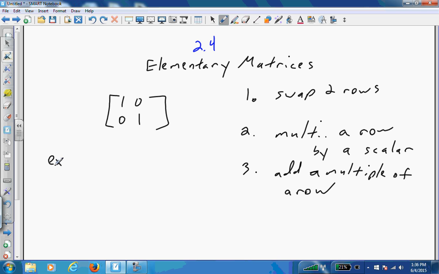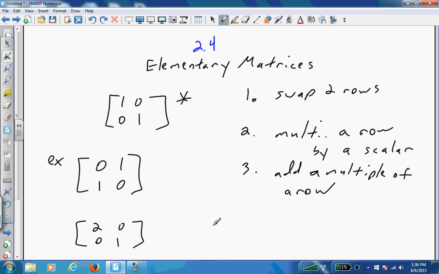For example, if we want to swap the first two rows, that's an elementary matrix. If we take our identity and double the first row, that's an elementary matrix.